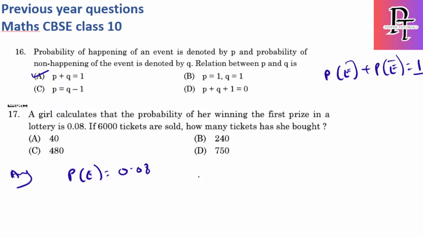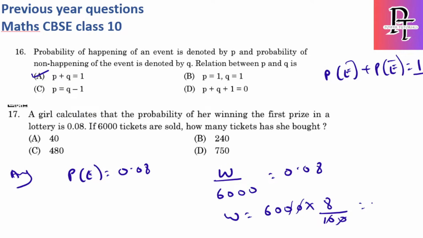So how many tickets she bought should be 6000 into 0.08. For convenience I'll write 8 by 100. So 6 into 8 are 48, and then 0. So she has to buy at least 480 tickets to get the probability of winning as 0.08.